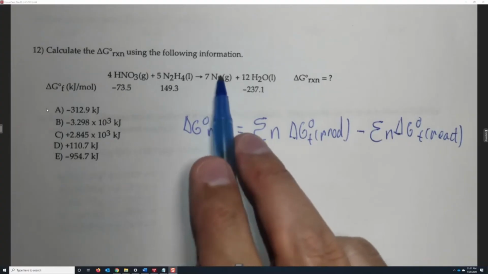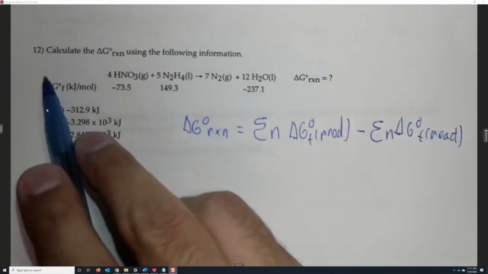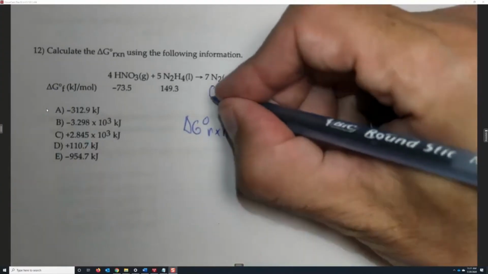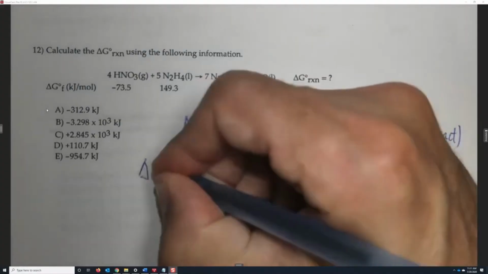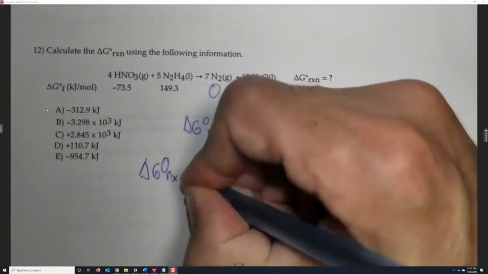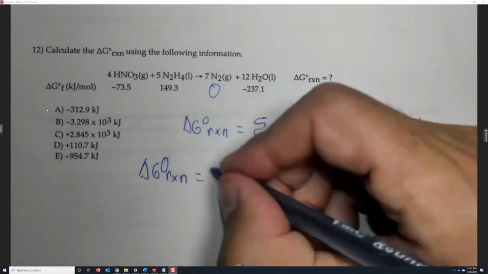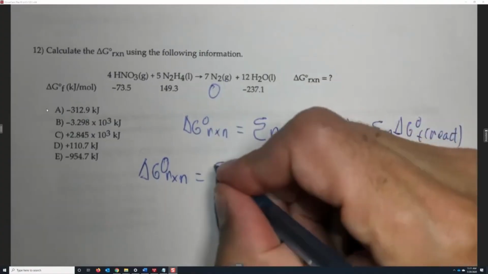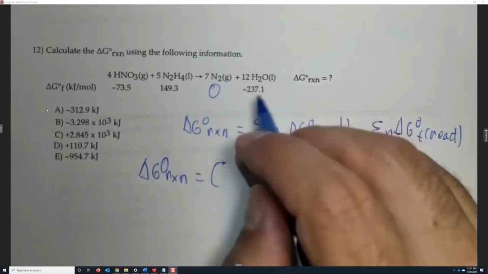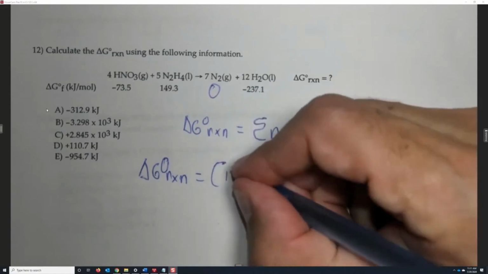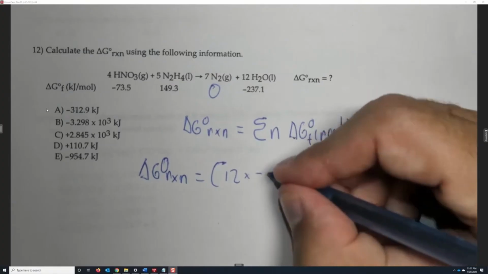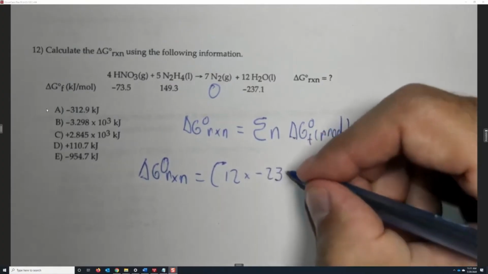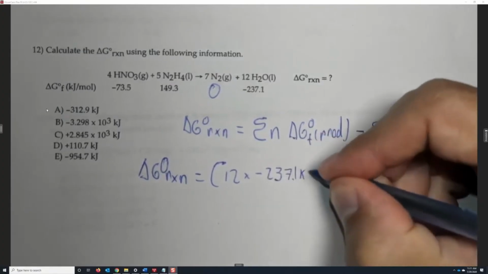Also, we need to notice that we have the element nitrogen. The Gibbs free energy of formation of elements is 0. So that's why we're not given that, and there's a good hint that it's 0. So now we can just plug in the numbers. Delta G naught of the reaction equals the products. So the first product is nitrogen, which is 0. The second product is water, and there's 12 of them. So 12 times minus 237.1 kilojoules.